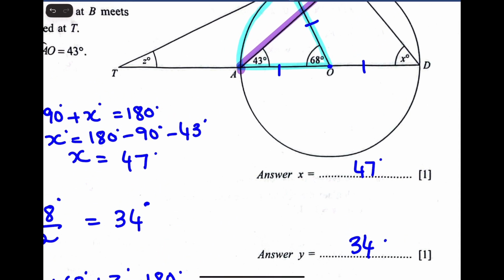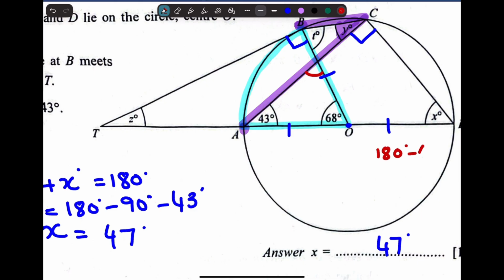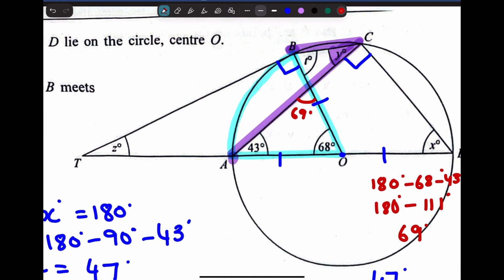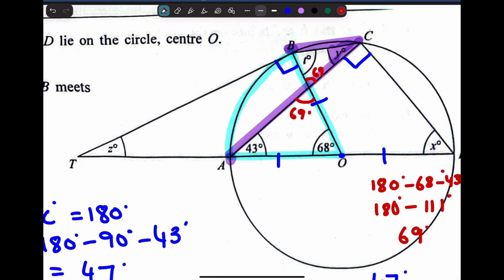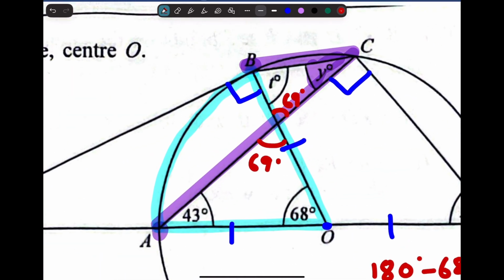So let's figure out this angle first. This is going to be 180 minus 68 minus 43, which is 69 degrees. So this is 69. If this is 69, this is also going to be 69 because they're vertically opposite angles. And we know that y is 34.